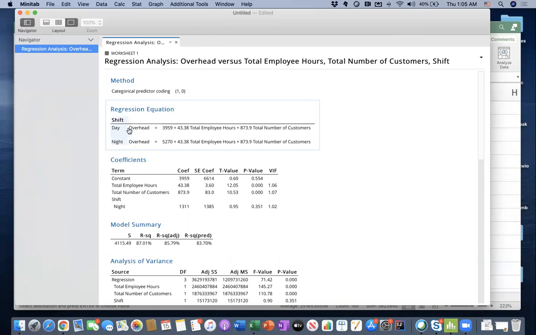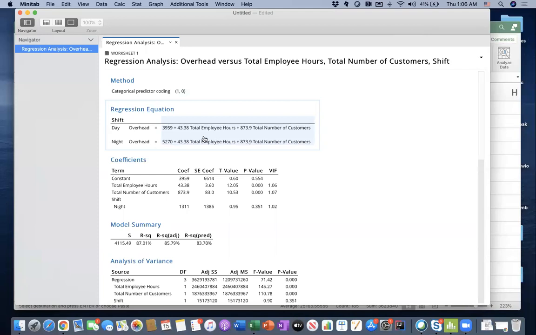If it is a day shift, it tells me to use this first equation. Overhead is equal to this constant plus 43.38 times total employee hours plus 773.9 times total number of customers. And if it is a night shift, it is encouraging me to use this equation, right? As you noticed, the coefficients of total number of customers and total employee hours are not changing here and here.